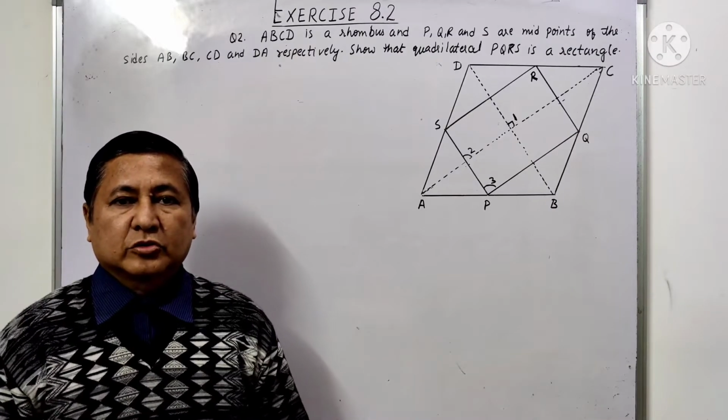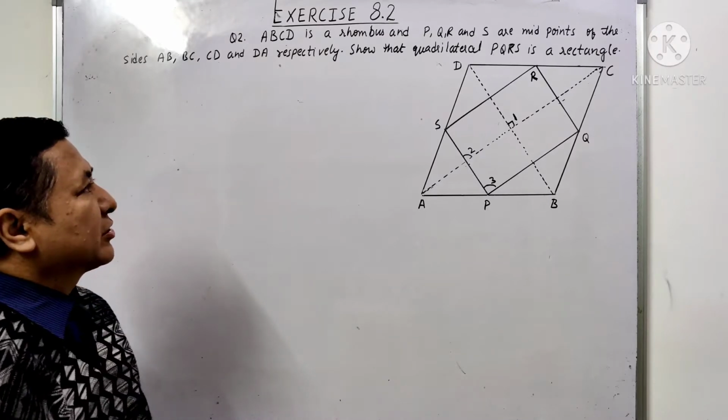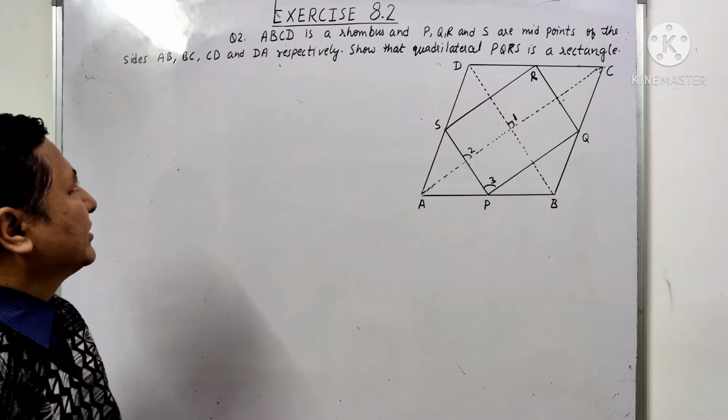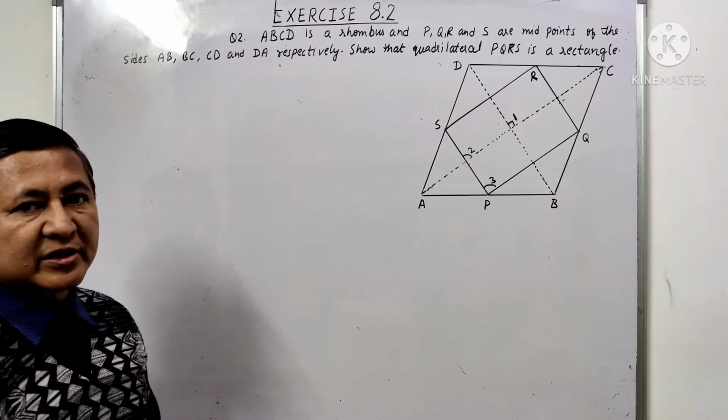Now let us solve question number 2 of exercise 8.2. ABCD is a rhombus. P, Q, R and S are midpoints of AB, BC, CD and DA respectively, and show that PQRS is a rectangle.